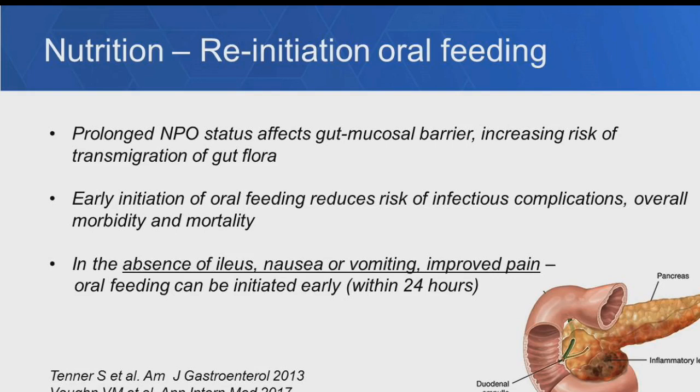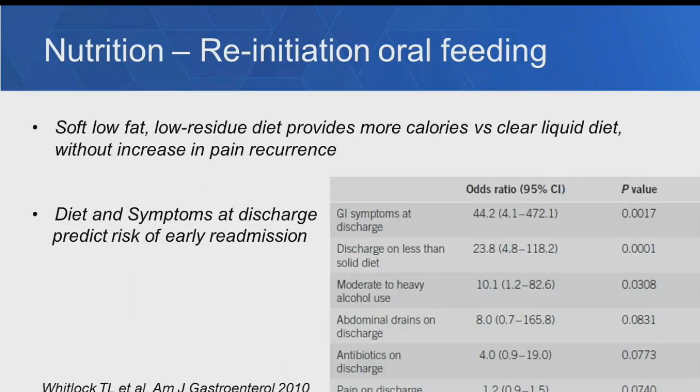So this will result in the transmigration of the gut flora, which can increase the risk of infections. Therefore, early initiation of oral feeding is noted to reduce the risk of infectious complications and also overall morbidity and mortality. Therefore, in the absence of ileus, nausea and vomiting, and with improved pain, we recommend using oral feeding as early as within the first 24 hours.